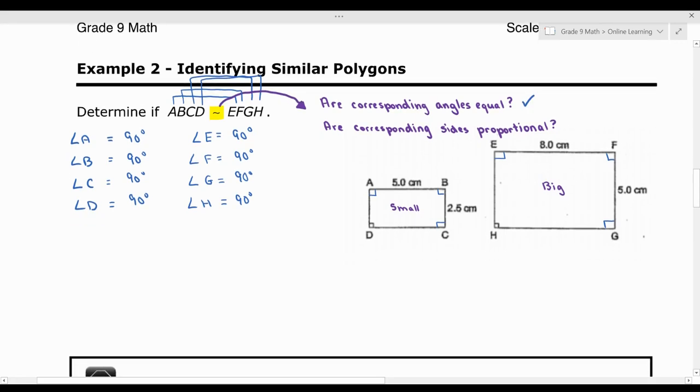Okay, so let's check if the corresponding sides are proportional. You'll notice on these diagrams, they only give you 2 sides. The reason for that is if it's a rectangle, if I know that this is 5, this is also 5. And if I know that this is 2.5, this is also 2.5.